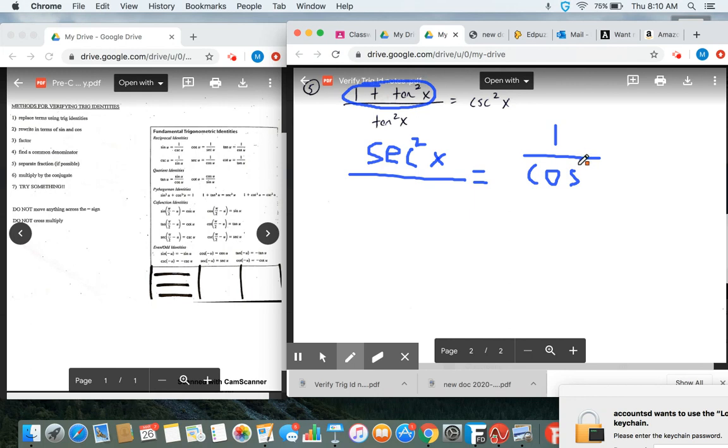Can't stress that enough, that should be the method that we really need to understand the concept of. So I didn't bother to rewrite tangent squared x down here because I knew I was going to replace it using sine and cosine.